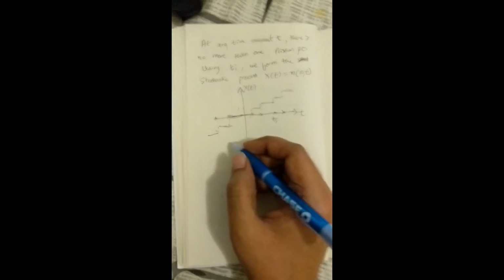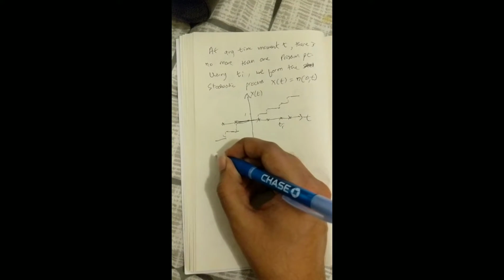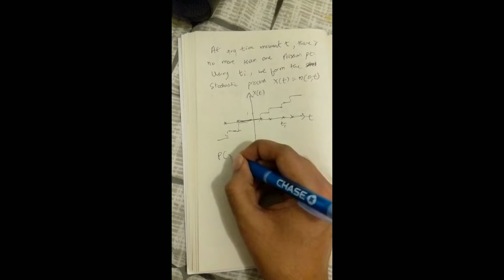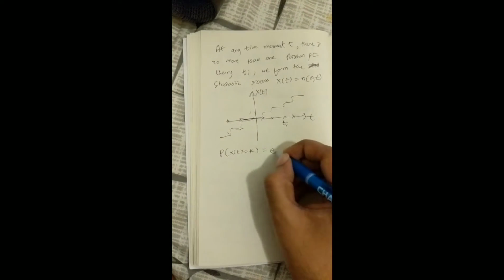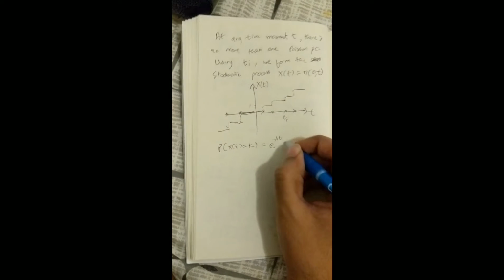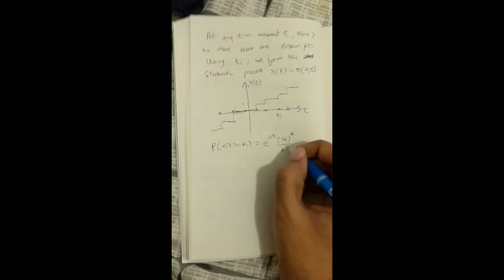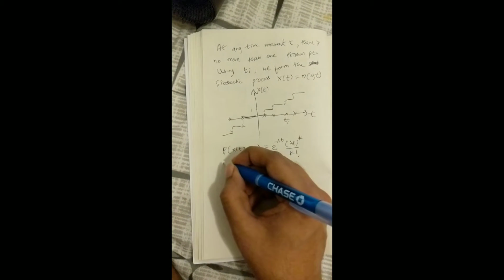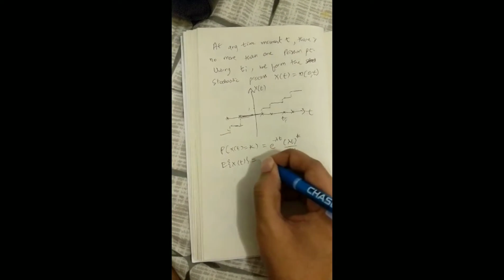Regarding some of the properties, the first order probability mass p of x of t equal to k is equal to e to the minus lambda t, times lambda t to the power of k, divided by k factorial. The mean e of x of t is equal to lambda t.